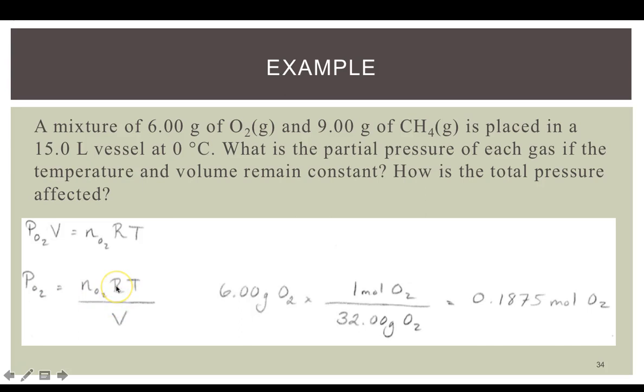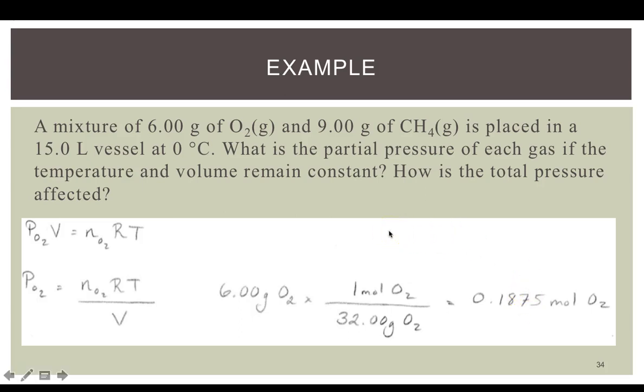But if we look, R we know is in liter, atmosphere, moles, Kelvin. Well, there's our Kelvin. There's our liters. But we don't have moles of O2. We only have grams of O2. So let's solve for that right away. 6 grams of O2 using the molar mass of O2 gives us 1.875 moles of O2. You'll notice I have 4 significant figures there for the moles of O2. The reason is that this is an intermediate mathematical operation, so I don't want to introduce rounding error.